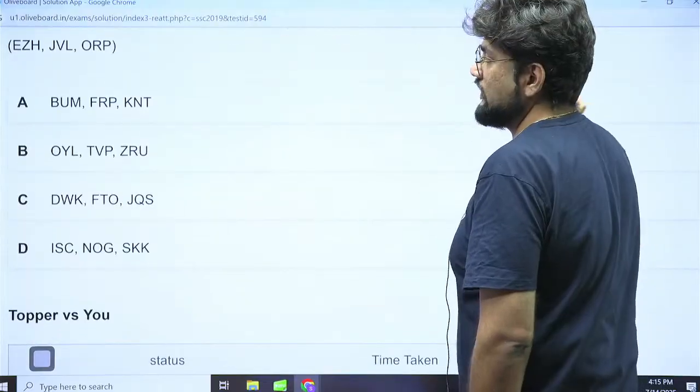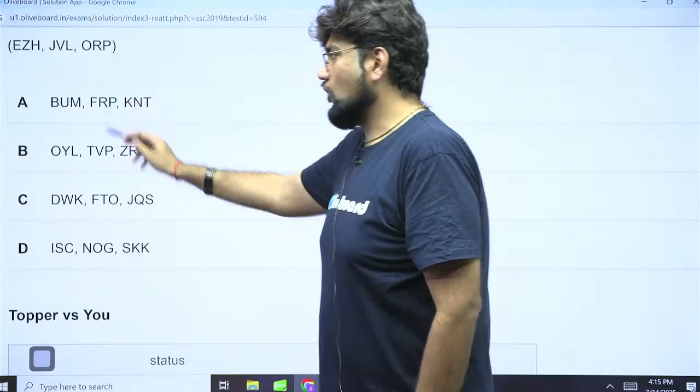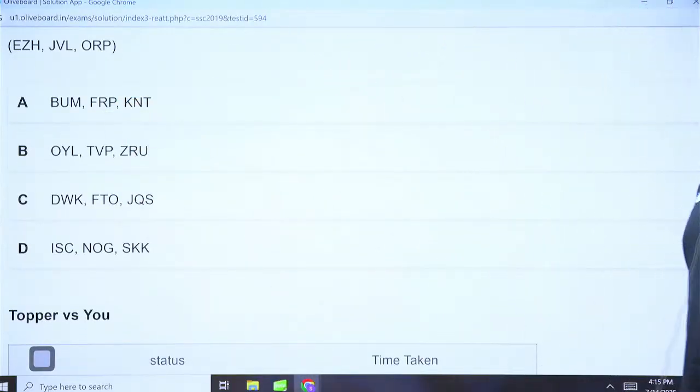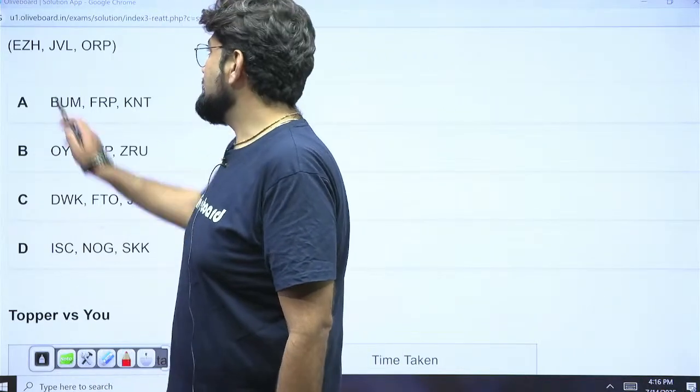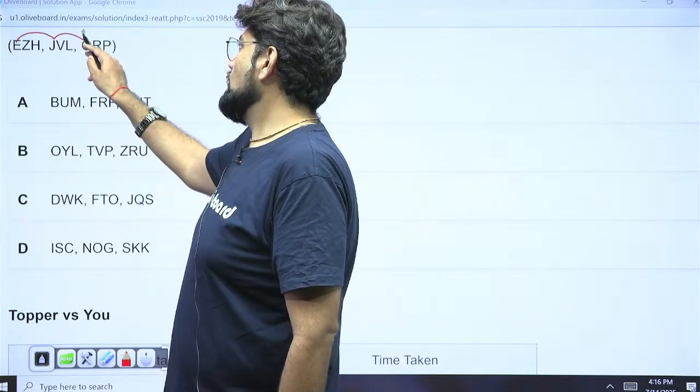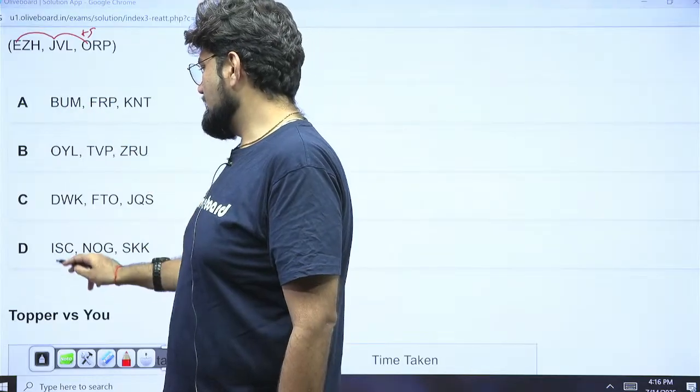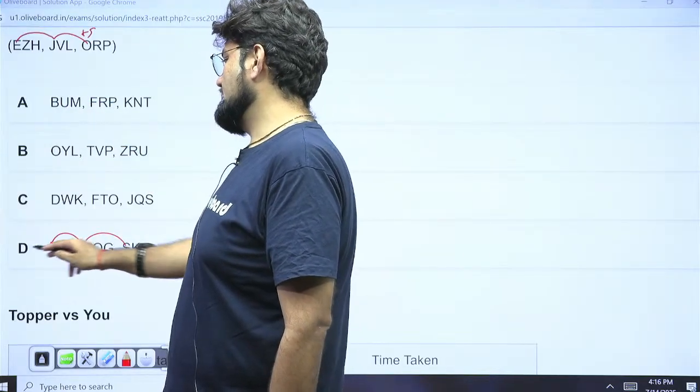Now this is a new thing. A letter triad which follows the same logic. So this is a letter set. We had a number set, this is a letter set. So we'll see here E, J, O. The first thing we check here is a difference of 5. E plus 5, J plus 5, O. And if you observe everywhere, you will get I plus 5, 14 plus 5, 19. That's it.